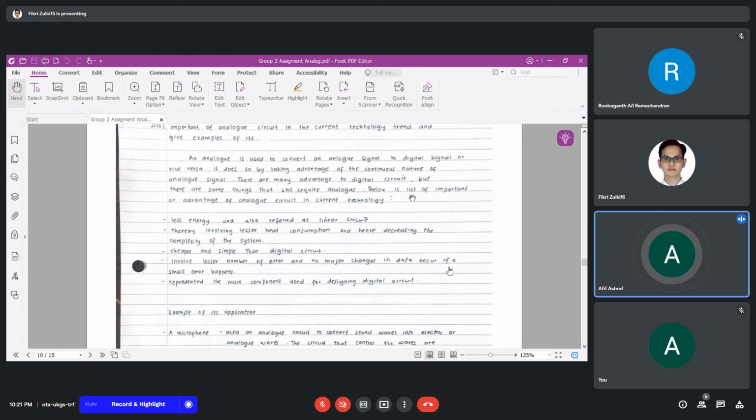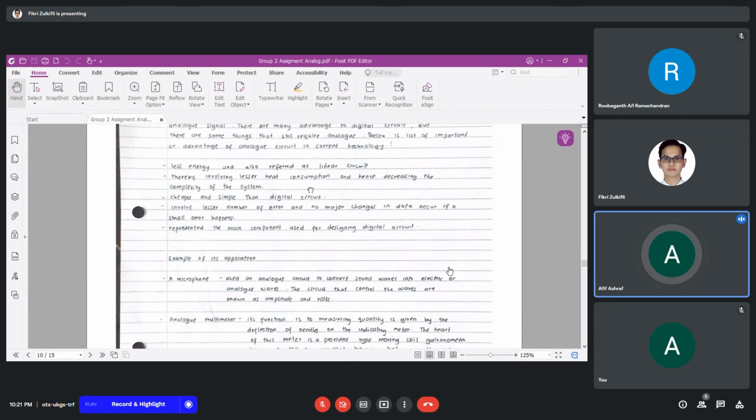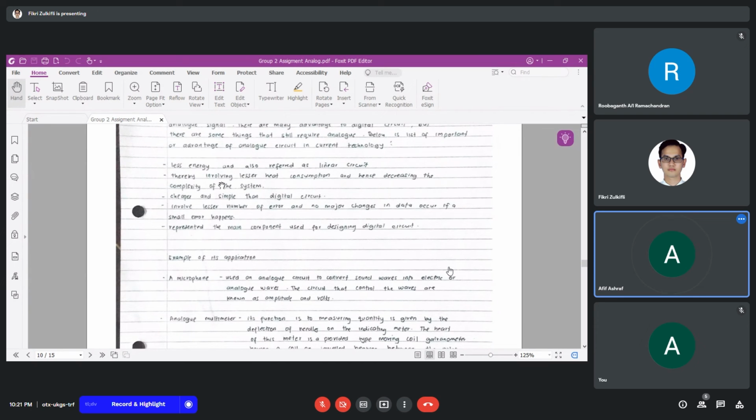Below is a list of the importance or advantages of analog circuits in the current technology. Number one, analog circuits use less energy and are also referred to as linear circuits. Second, thereby involving lesser heat consumption and hence decreasing the complexity of the system.